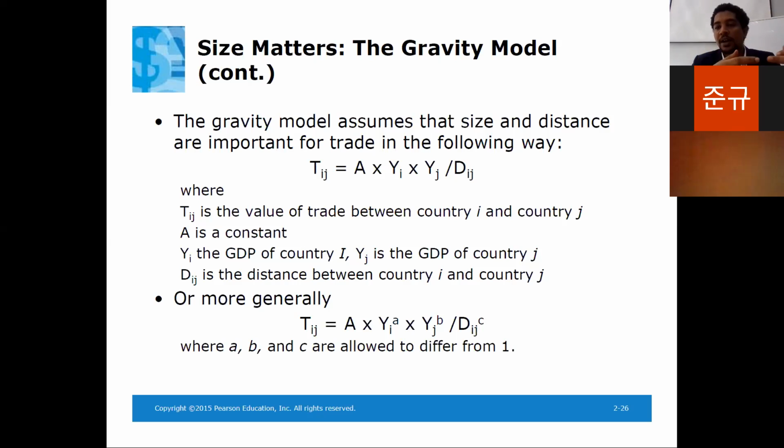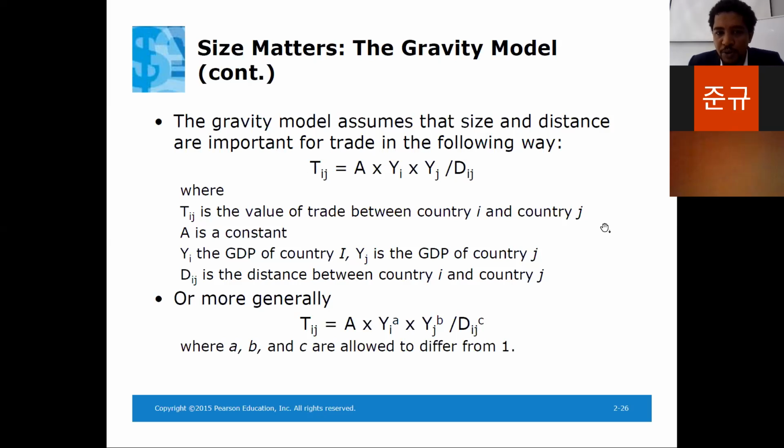So this will tell you the trade volume between two countries. Okay, more generally, you can also use exponents A, B, and C, where they should not be one, but this is a more general method of calculating. But let's stick with this one.